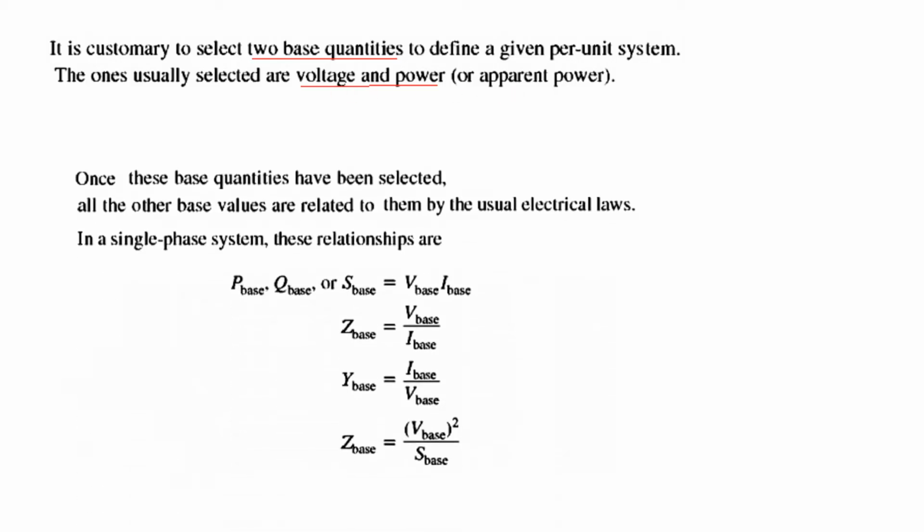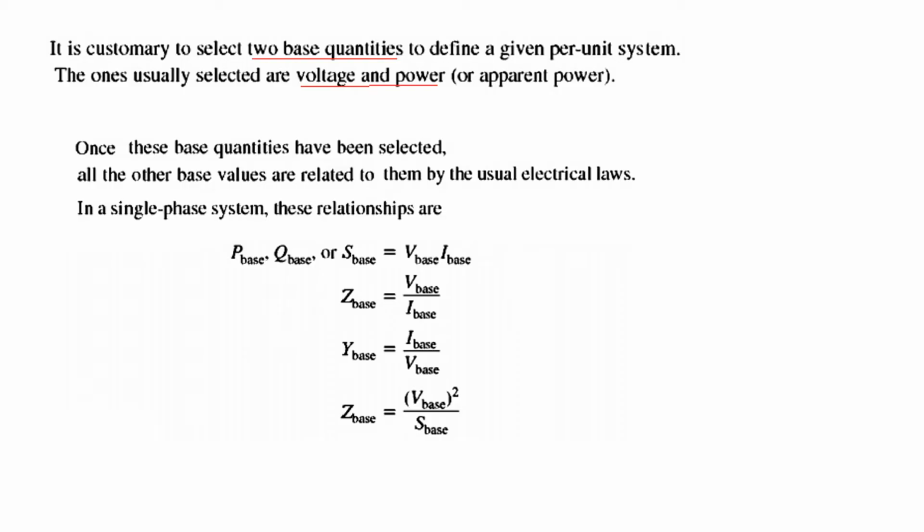And once we know the base quantities, we can then derive the other quantities like P base, Q base, S base, which is equal to V base times I base. Z base can be derived from this, V base over I base. Y base can be derived from I base over V base. And again Z base can also be derived from V base squared over S base.